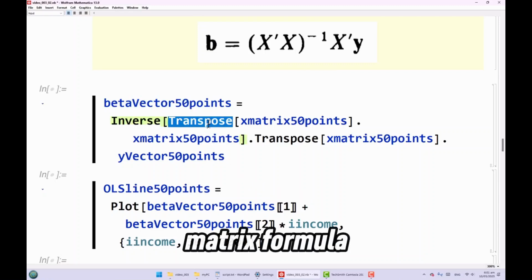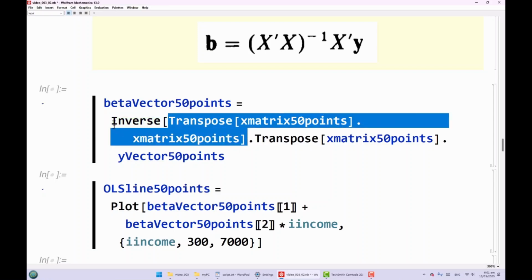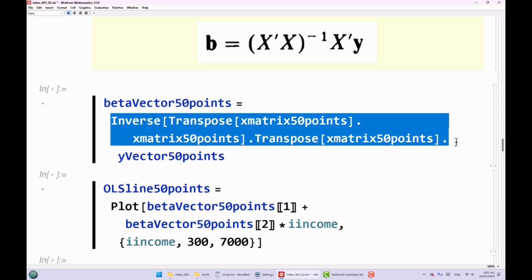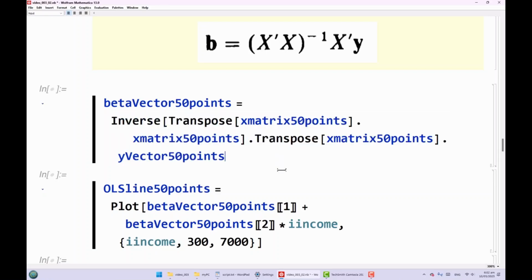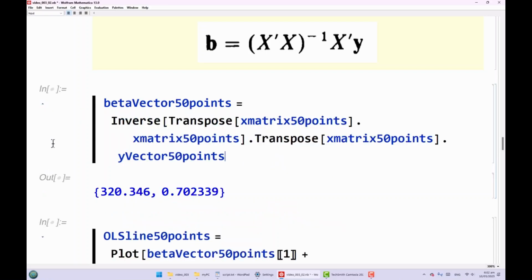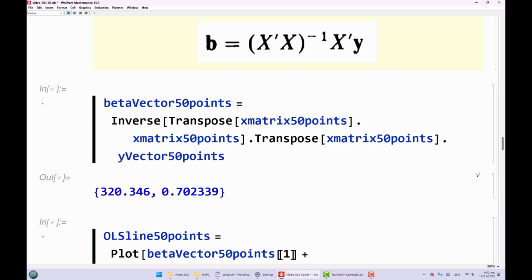Define the matrix formula for beta vector. And here we get the values for intercept and slope.